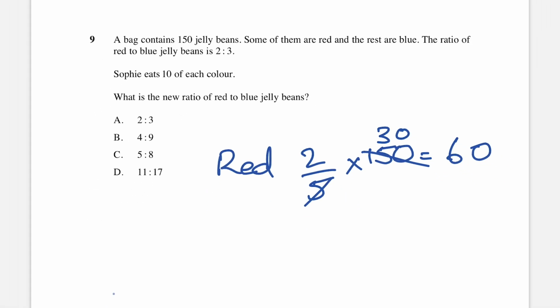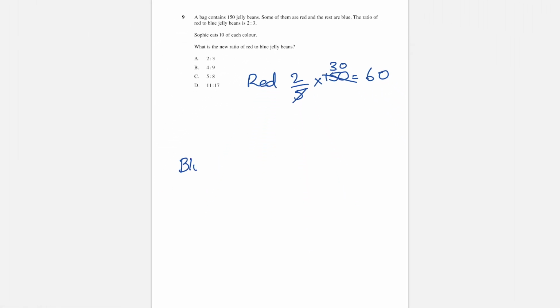60. And so then with blue, we had 3/5 of them. Oops, that's a 3. 3/5 multiplied by 150. We can again divide the 150 by 5 to get 30, and then 3 times 30 means that we started off with 90 blue jelly beans. Now Sophie ate 10 of each color, which means that the new number of red is going to be 60 minus 10, which is equal to 50.